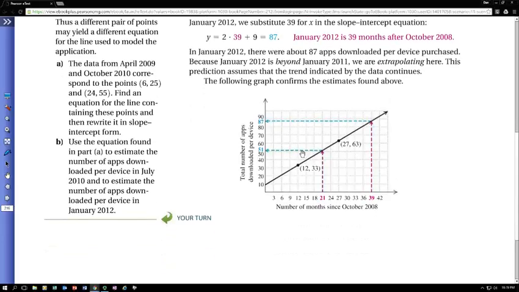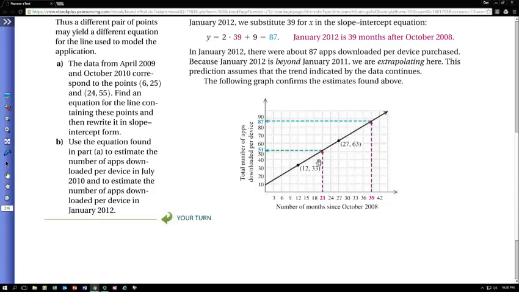Now, here's the difference. Here are my 2 points that created the line, right? These are the ordered pairs. This value right here at 21 months is interpolation because it's between these 2 data points. And this one, which is outside of those 2 data points, is extrapolation because it's outside.